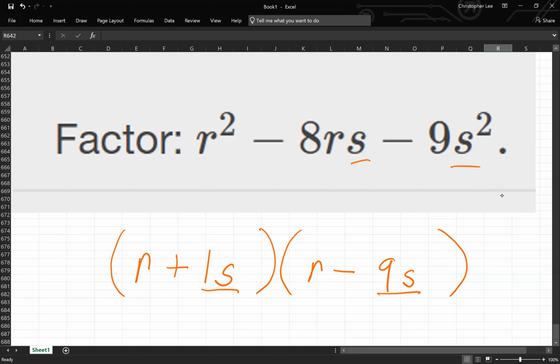So whenever I have two variables, I'm gonna put the first variable in the first place, right? So we have r squared, so r and r. And then the second variable, which is the s in this case, is gonna be in the second place, s and s. And then you just have to figure out the numbers, right?